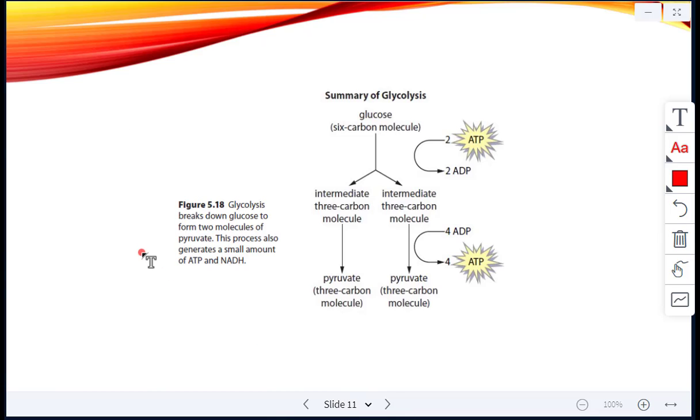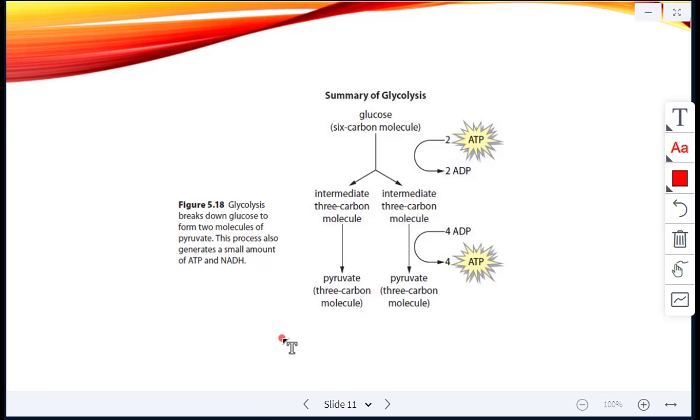All right, so here is just a diagram showing what is happening to glucose during glycolysis. Here is the glucose, the 6-carbon molecule, and it is being split into these intermediate 3-carbon molecules, but the end result of glycolysis is 2 pyruvates, which are 2 3-carbon molecules.